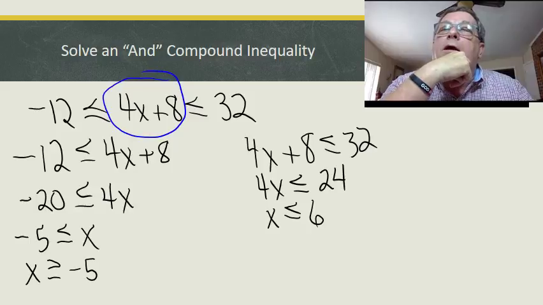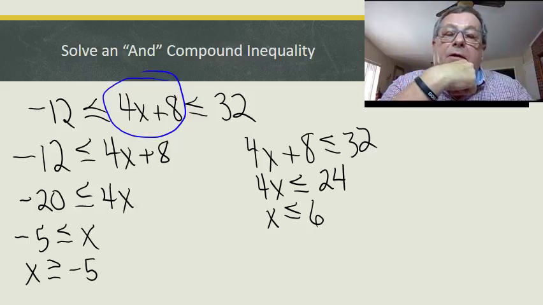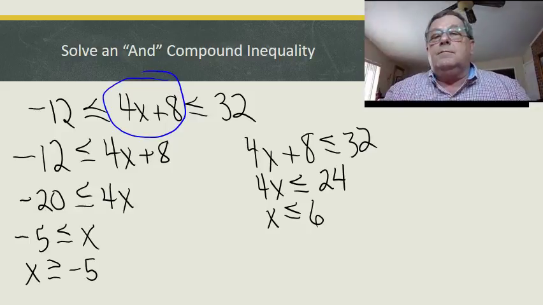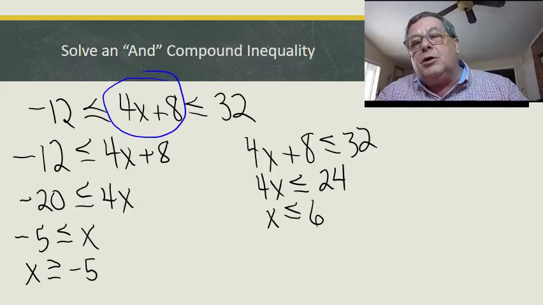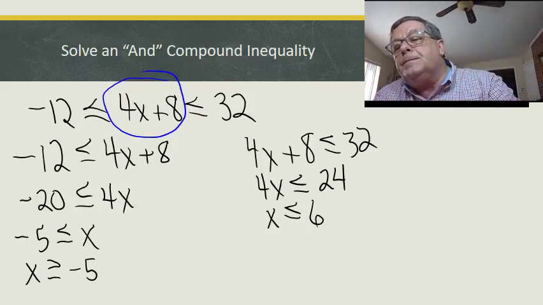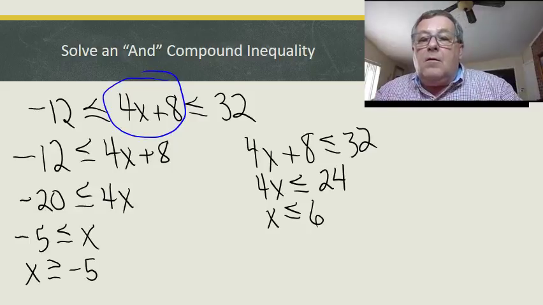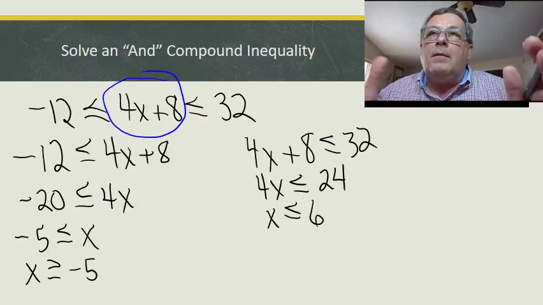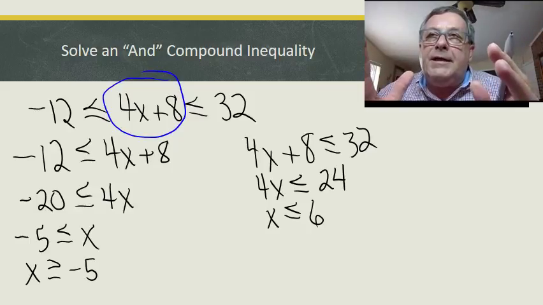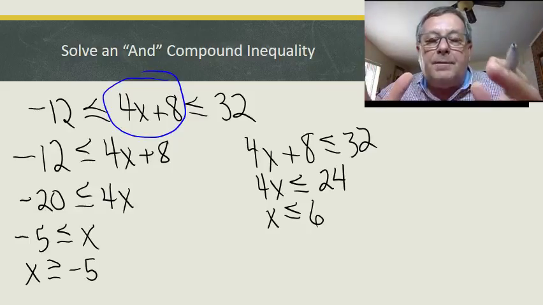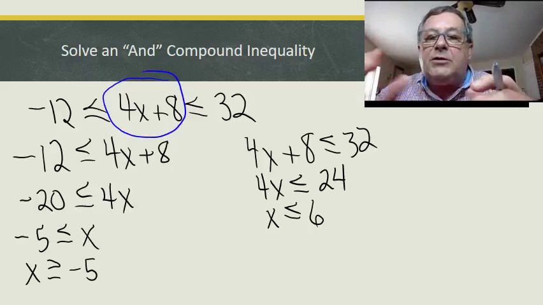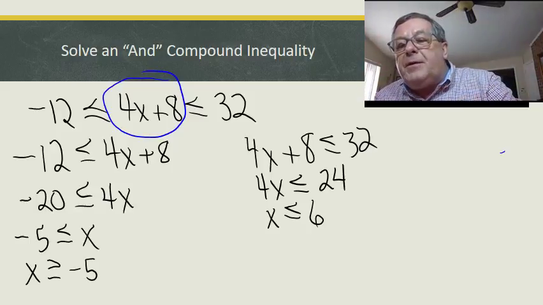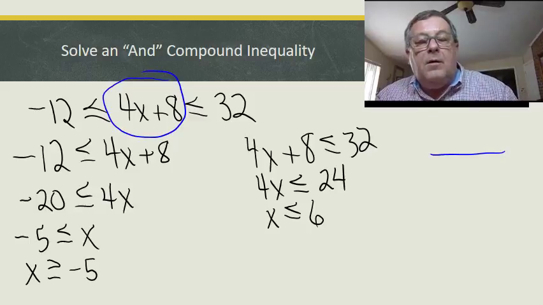I got a compound inequality where x is going to be greater than or equal to negative 5, but it's also going to be less than or equal to 6. Let's see how I want to show this. And since it's an and inequality, I'm just looking at what these two have in common. What is the intersection?